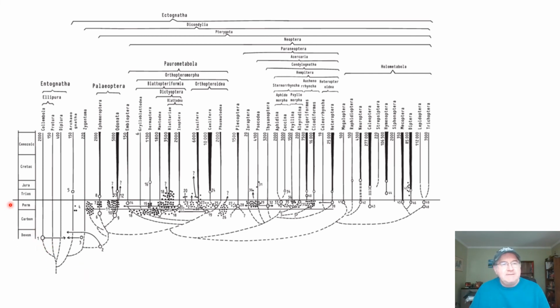But let's say, just for the sake of argument, that we're going to draw a line here at the division between the Triassic and the Permian, and that any group that is older than that timeline, dividing those two geological periods, any group that arose before that, we're going to classify as orders.